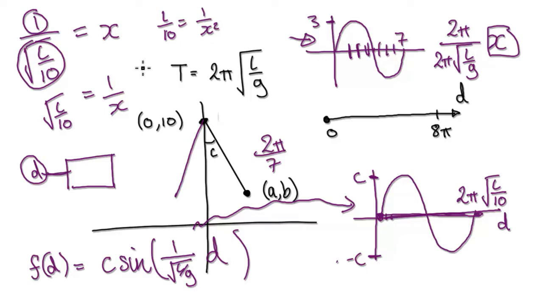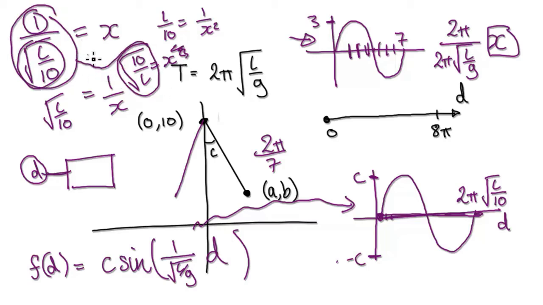Take the reciprocal of both sides. That would be 10 over L equals x squared. Take the square root of both sides. That will then give us this. So x, this complicated thing here, turns out to be root 10 over L. So rather than having 1 over root whatever here, you can just turn this whole thing into this.